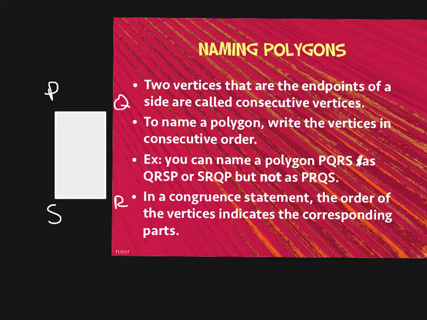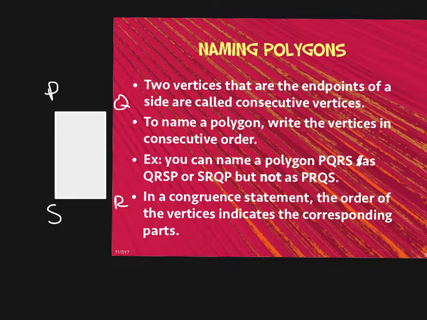As long as I go consecutive, either clockwise or counterclockwise. I can't bounce around. I can't say S to Q to P to R. That's not consecutive. So you're either going around the polygon clockwise or counterclockwise. I just can't skip around. Does that make sense?